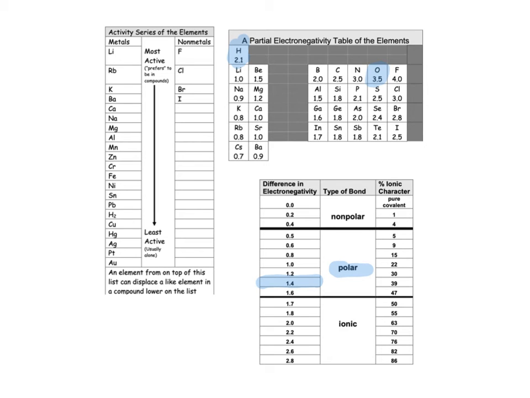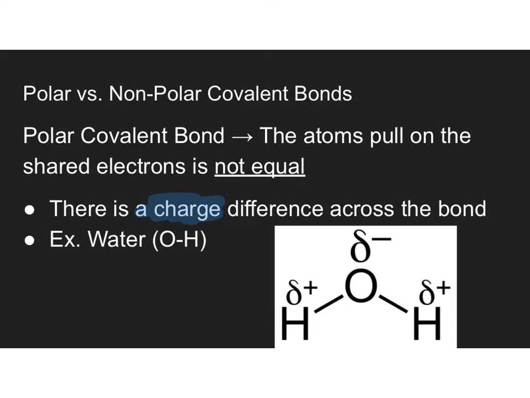Polar means that it's charged. So what we can do to signify that it's polar is say that the electrons are going to be hanging around that oxygen, because oxygen is the more electronegative atom. This oxygen has an electronegativity of 3.5, and our poor hydrogen over here was only 2.1.